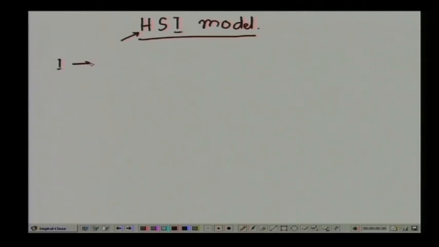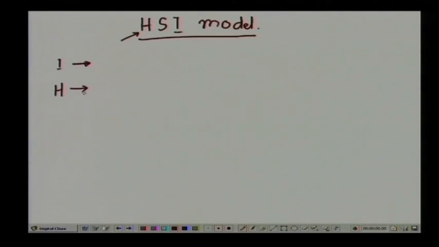And as we said, I, the intensity, is actually the chromatic notion of brightness of a black and white image. So, hue tells us the prominent primary or spectrum color in that specified color.